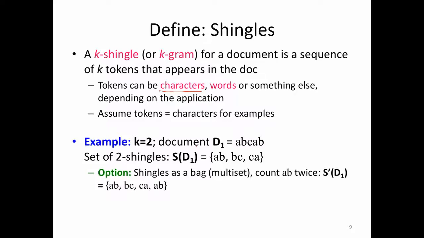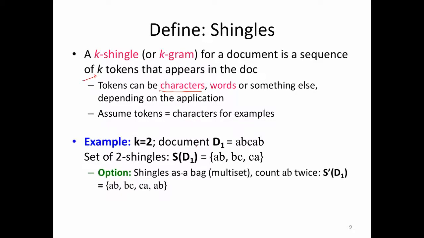You have a particular k, let's say k is equal to 5 or 6 or whatever, you can choose that k. Then your shingles are all sequences of k characters appearing one after the other.